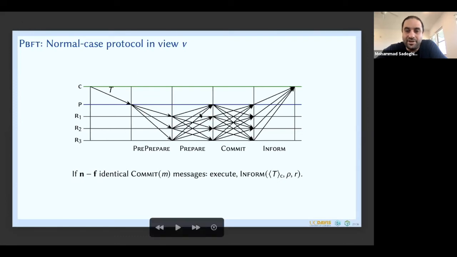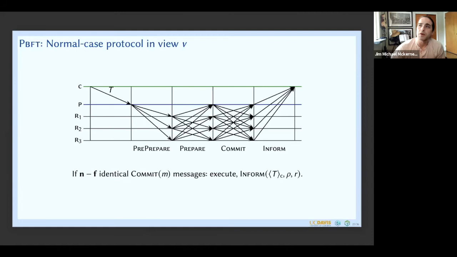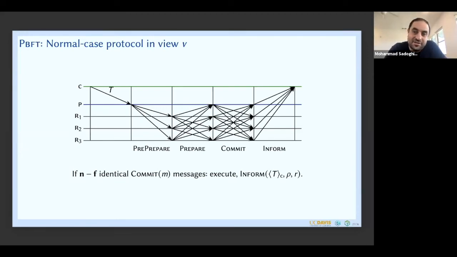Why do we need everybody to tell everybody what they received from the primary? What could be the use of that? Just to verify maybe there was no data corruption in transmission? So assume each message is signed by the client, so the authenticity of the message is there, and you could have a checksum there.